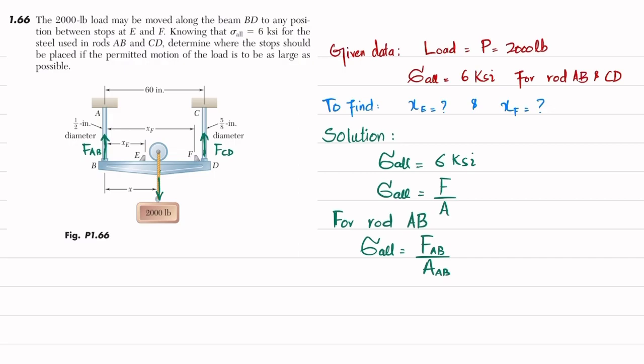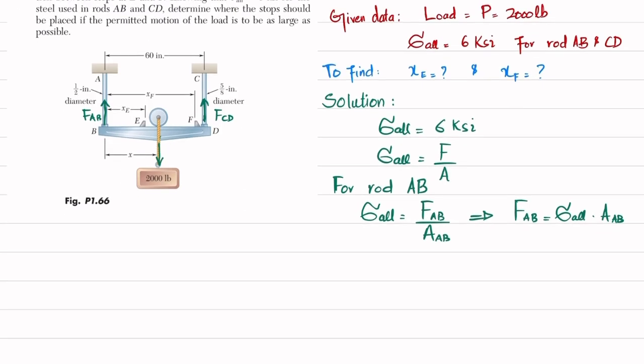Now we need FAB, so the force in rod AB will be equal to allowable stress into area of AB.